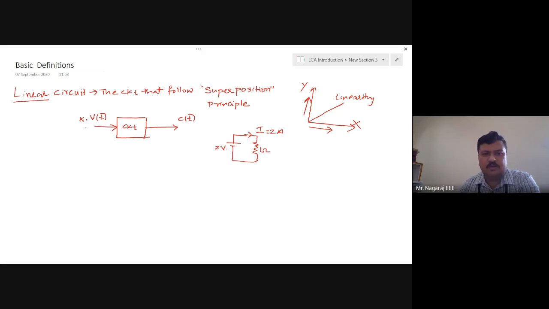Now I will multiply a scalar quantity to the input, k times the input. If my output is also multiplied by k times, then we say this circuit is linear.